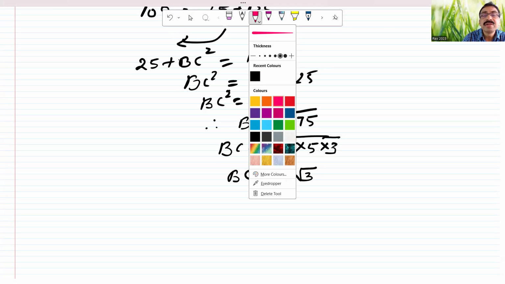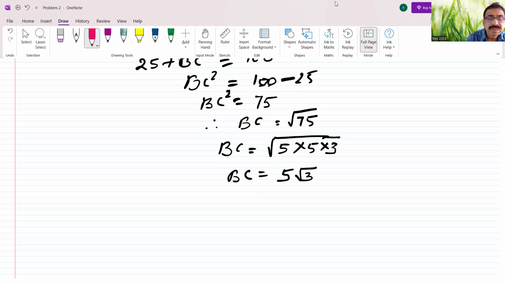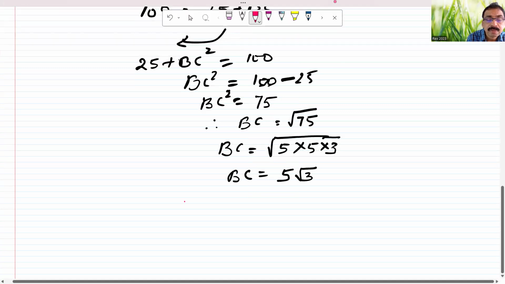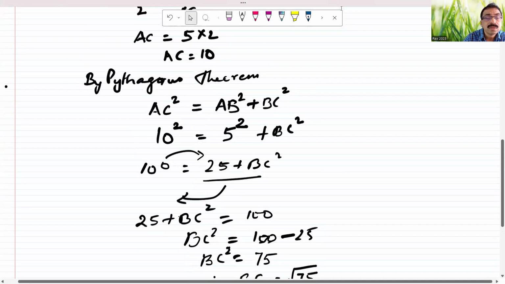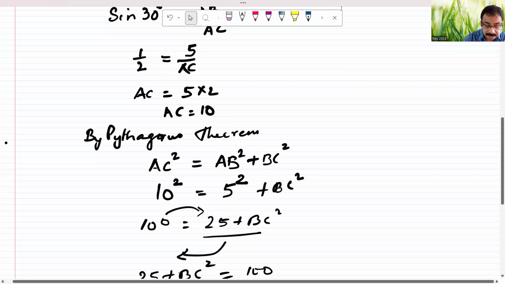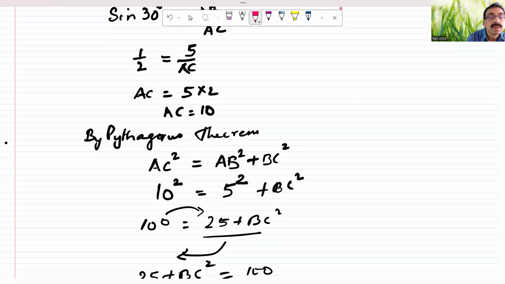So we've got both the answers now. We've got BC, which is 5 root 3, and earlier we found out AC is 10.